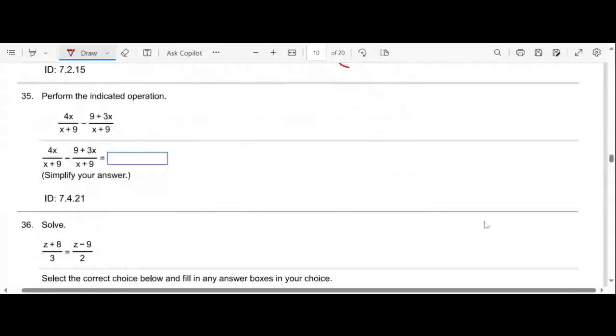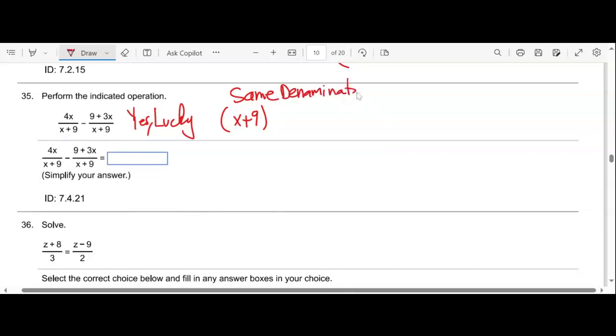Perform the indicated operation. This is subtraction. Now the question comes here, are you lucky or not lucky? Yes, I am lucky. Why am I lucky? Because I have the same denominator in both rational expressions.